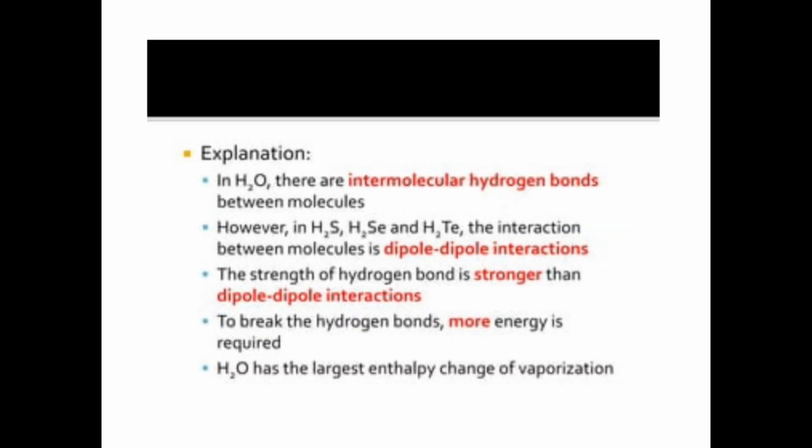Now, the key explanation here is that in water, for instance, there are intermolecular hydrogen bonds between the molecules. But in H2S, H2Se, and H2Te, they do not have intermolecular hydrogen bonds. They have dipole-dipole interactions. And then when it comes to comparing strength of bonds, the intermolecular hydrogen bond is greater than dipole-dipole attraction. Therefore, more energy will be required to break the hydrogen bonds. As a result of that, H2O has the largest enthalpy of vaporization.